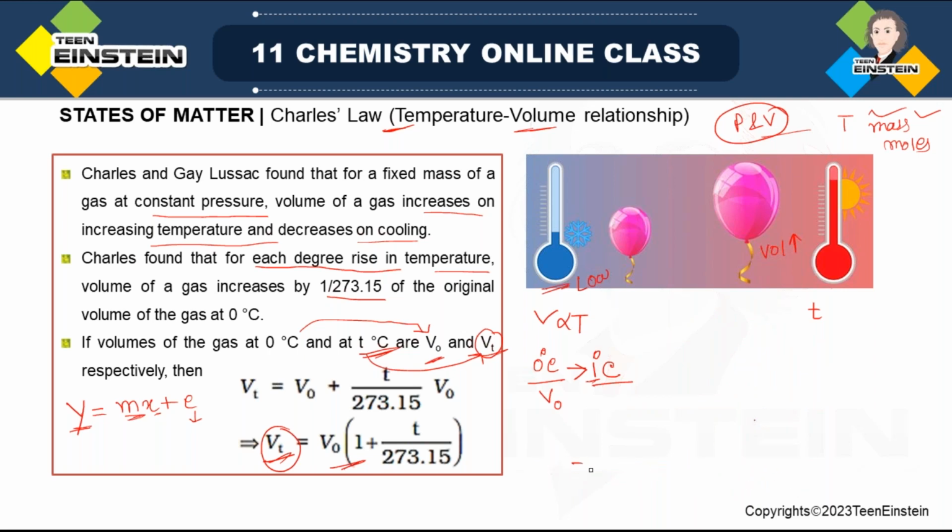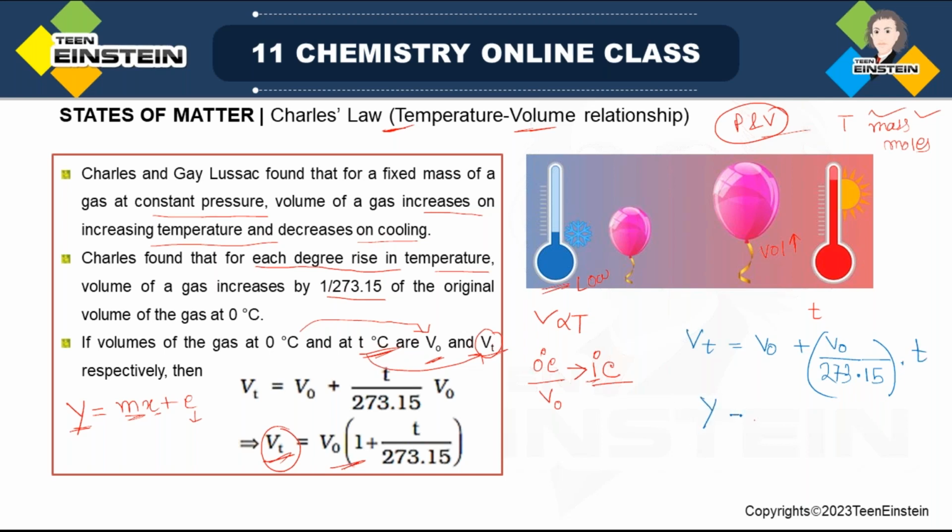these two equations, how can we correlate them? So y equal to mx plus c, and now I will write it as Vt equal to V naught plus V naught by 273.15 multiplied by t.